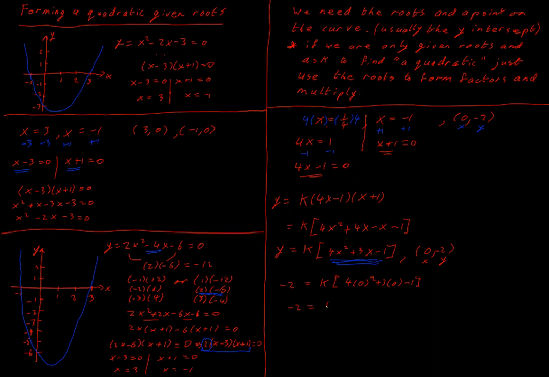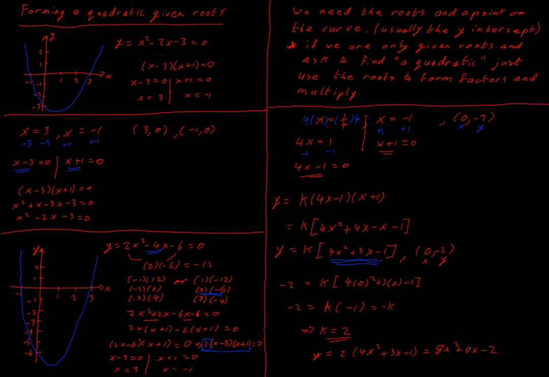Minus 2 is equal to k on minus 1, which is equal to minus k. Therefore, k is equal to 2. So my quadratic then would be y is equal to 2 on 4x squared plus 3x minus 1, which is equal to 8x squared plus 6x minus 2.